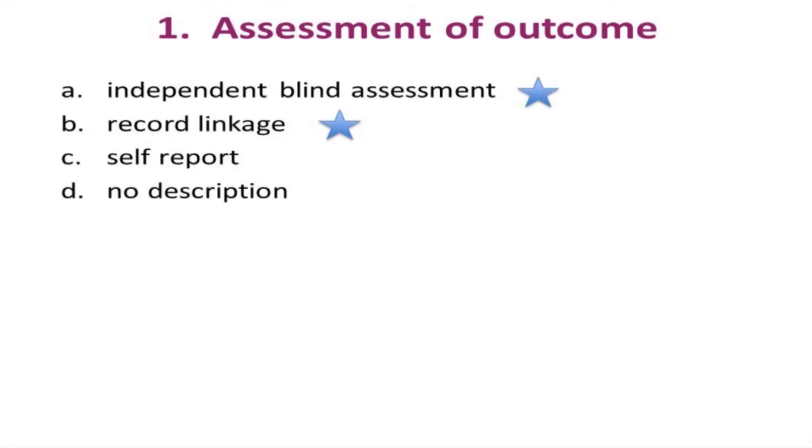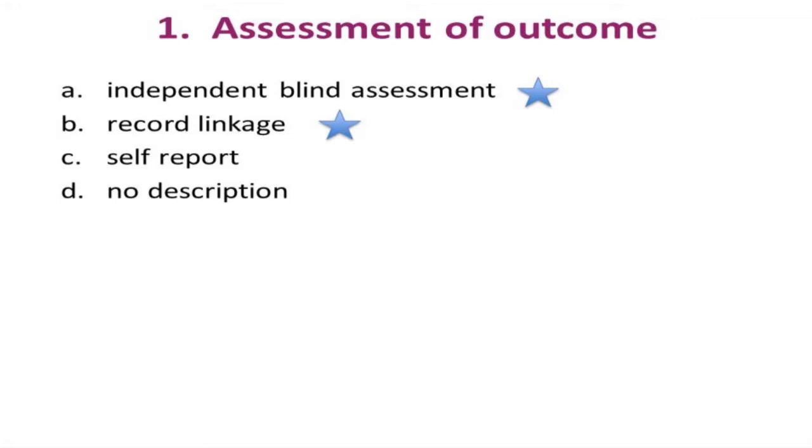Now we are coming to the last part of the Newcastle-Ottawa Scale for quality assessment, and that's how outcome is ascertained. Preferably, outcome is assessed as an independent blind assessment: the person who assessed the outcome didn't know that you were studying this exposure in relation to that outcome.